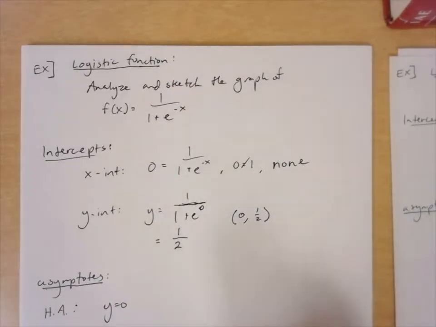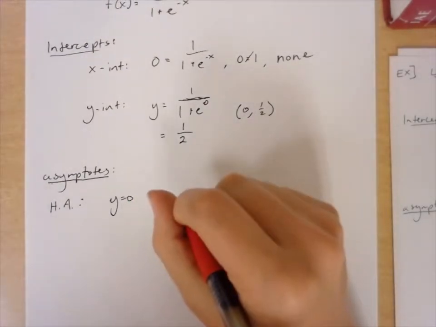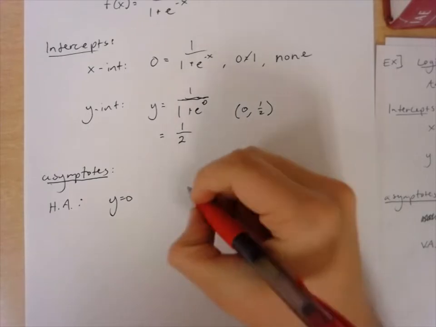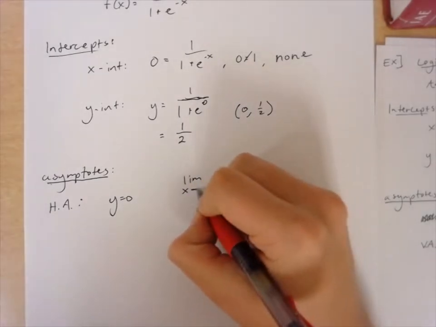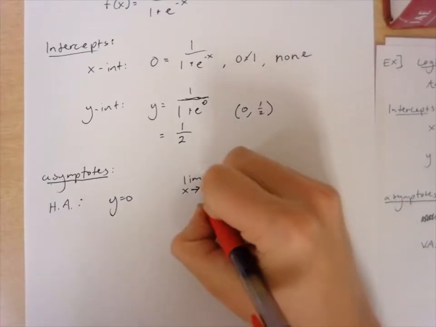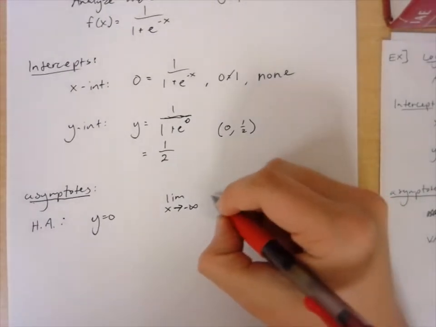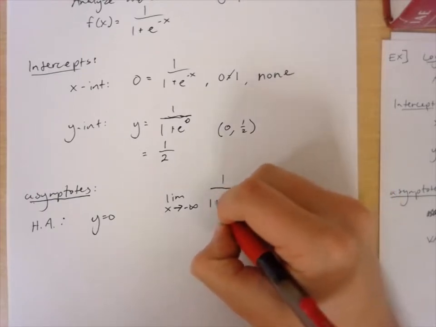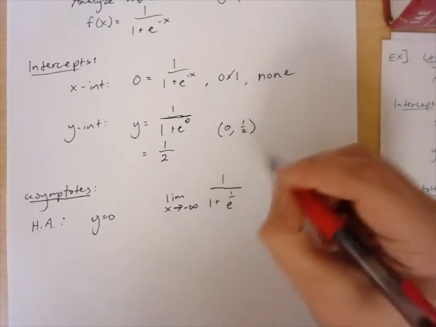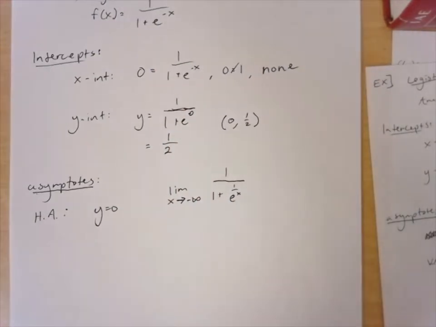If we look at the limit of this function as x approaches negative infinity, right? What we've really got going on is a 1 over 1 plus 1 over e to the x, right? To the negative x just means like we have 1 over e to the x.